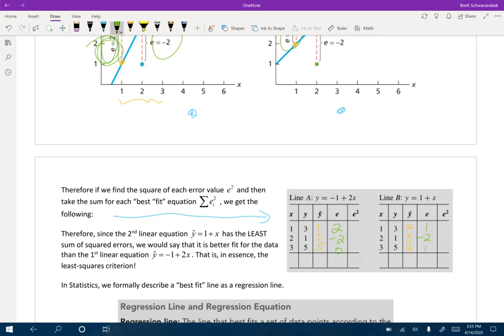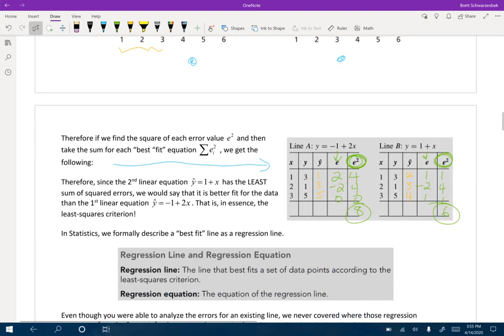So remember, we want the sum of the squared errors. Right now we have the non-squared errors. If we square them, we get 4, 4, and 0, and we get 1, 4, and 1. If we take their sum, we get 8 and 6. So what is the proper regression line or best fit line to use?